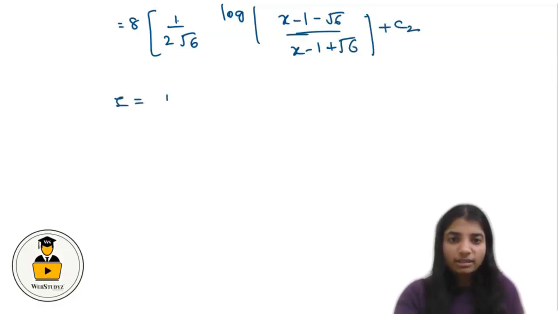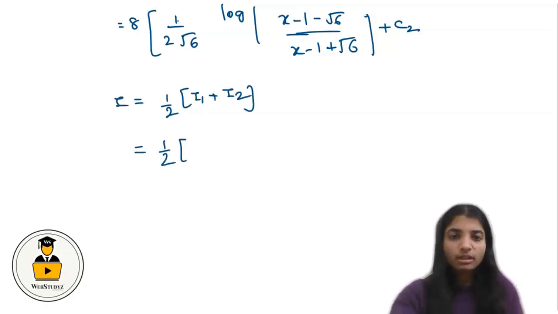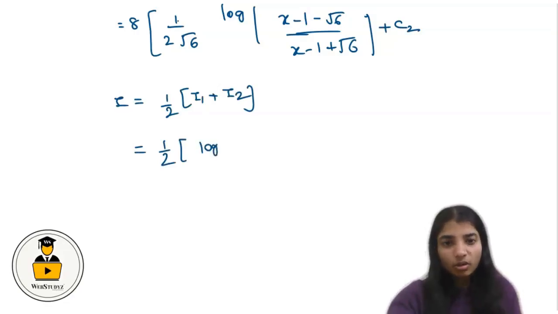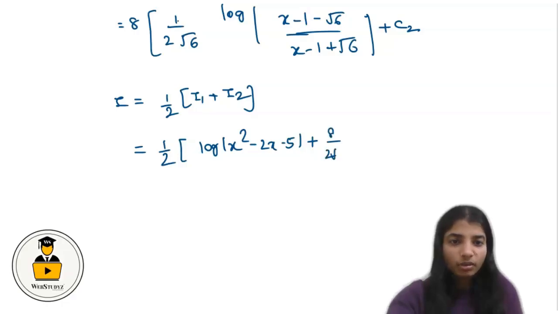Now the value of I is equal to 1 divided by 2 of I1 plus I2. So plugging the value here, this becomes 1 divided by 2. The value of I is equal to log of mod of x raised to the power 2 minus 2x minus 5, plus 8 is already there. This is 8 divided by 2 root 6 multiplied by the log of mod of x minus 1 minus root 6 divided by x minus 1 plus root 6, plus c.